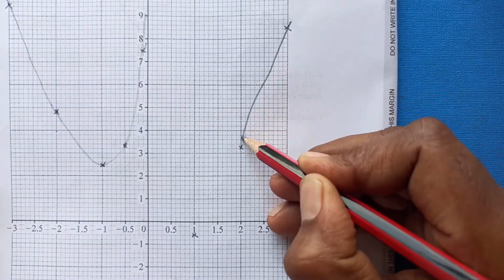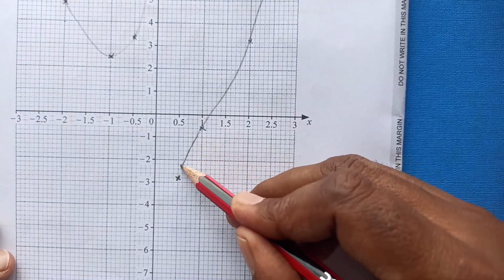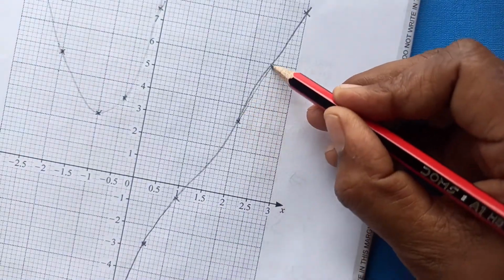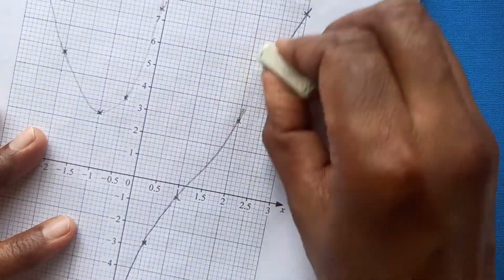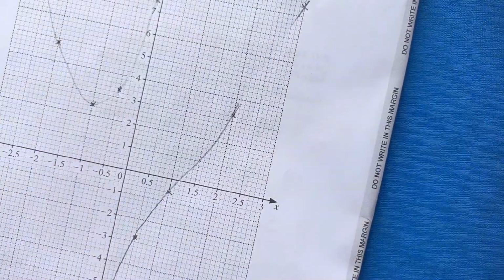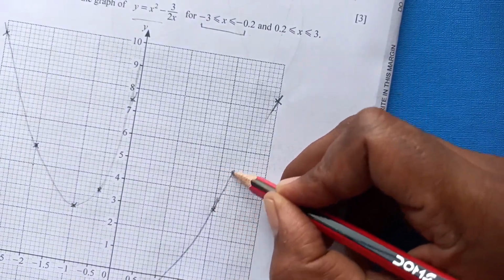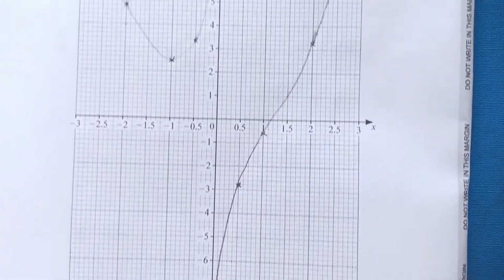Make sure you have a sharpened pencil. Okay, so this should go this way. So this is the graph.